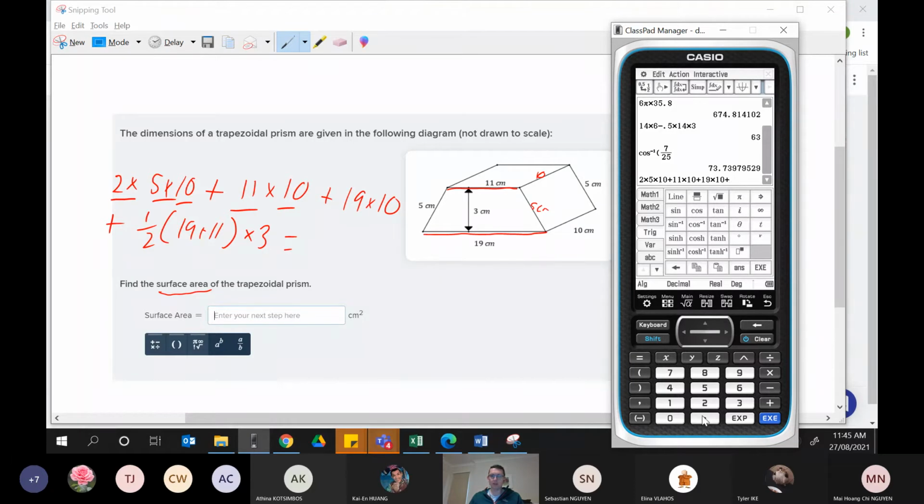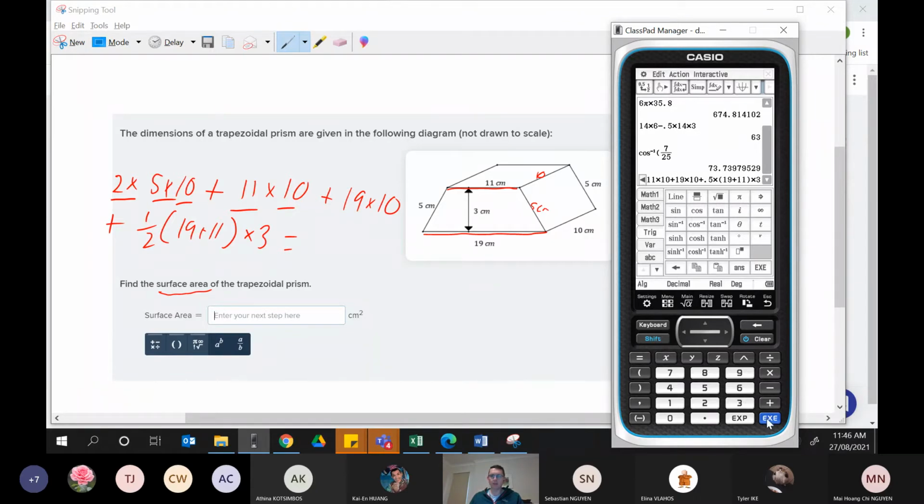Plus, so this is another way you could do it. I'm going to go with 0.5 times, open my bracket, 19 plus 11. Now, it's really important I use brackets here. If I don't, it's just going to do it as half of 19, then plus 11 times 3. So that does it a bit different rather than half of 19 plus 11.